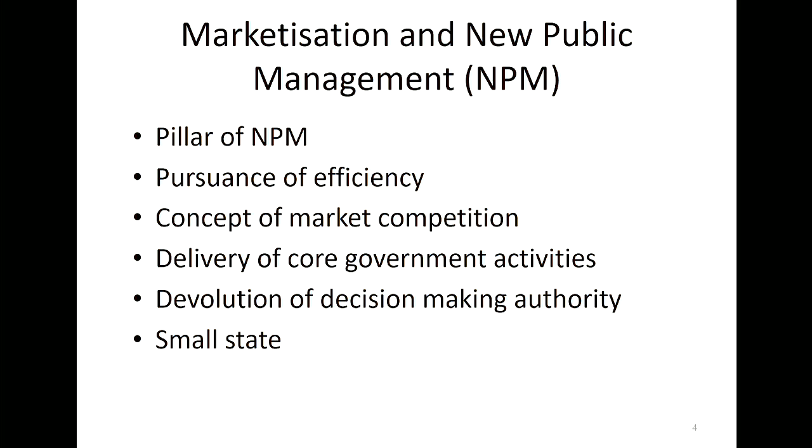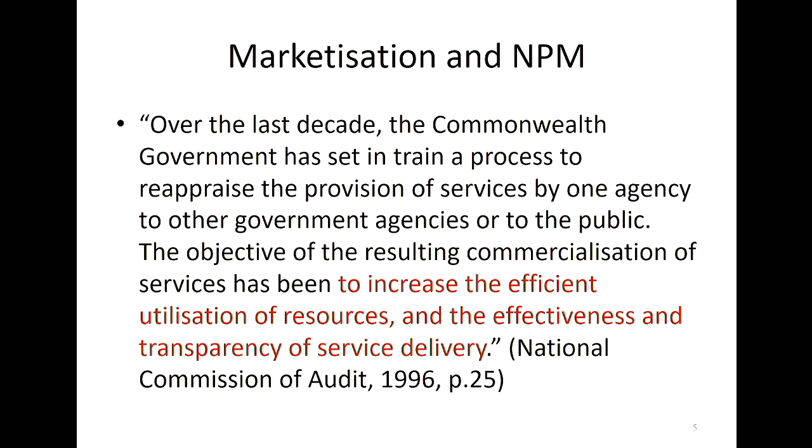Back in 1996, the National Commission of Audit mentioned that over the last decade, the Commonwealth government has set in train a process to reappraise the provision of services by one agency to other government agencies or to the public.